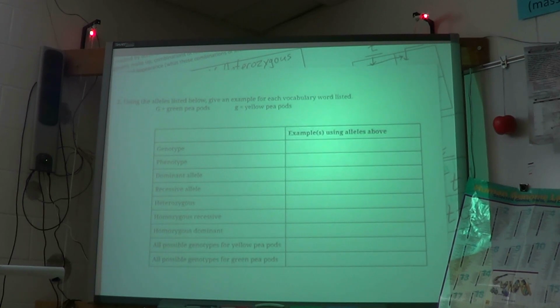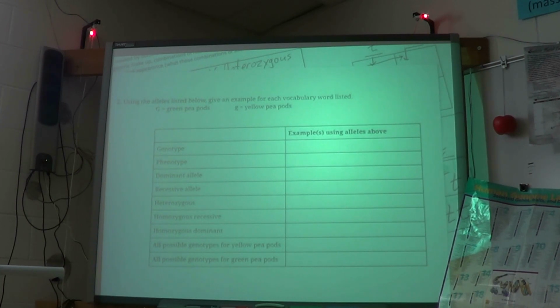So using those, and then our definition of a genotype, give an example or examples using the big G's and little g's accordingly. So give me an example of a possible genotype. What would be a possible genotype?